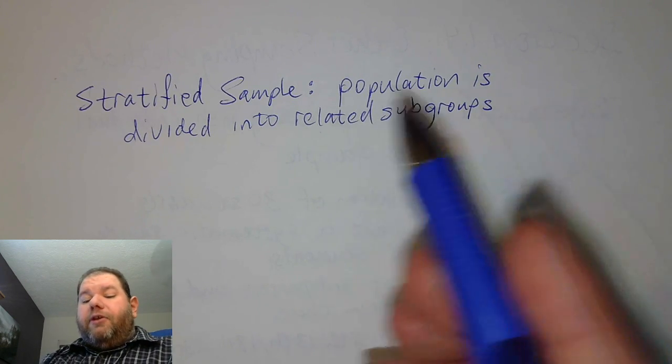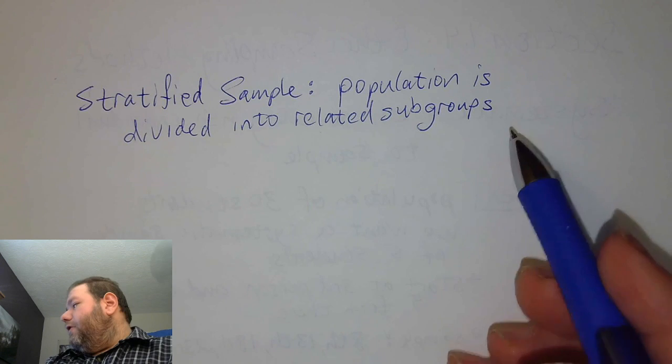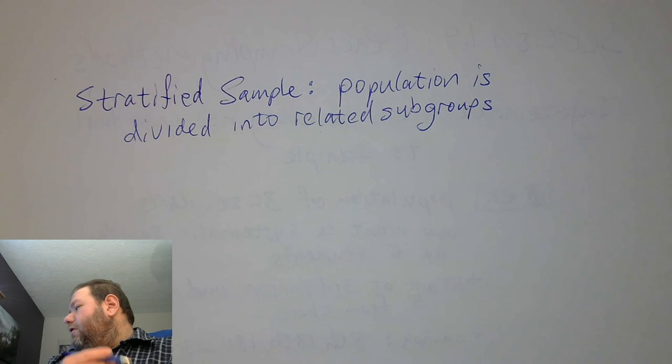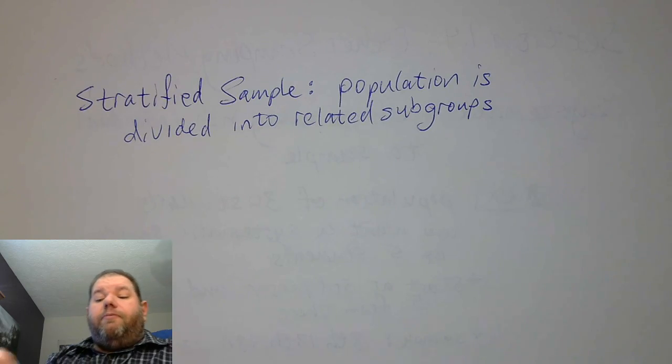So the population is divided into related subgroups, and then we randomly select individuals from each subgroup.